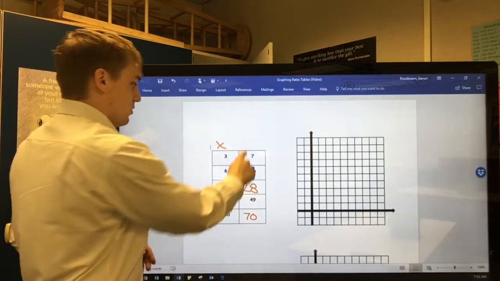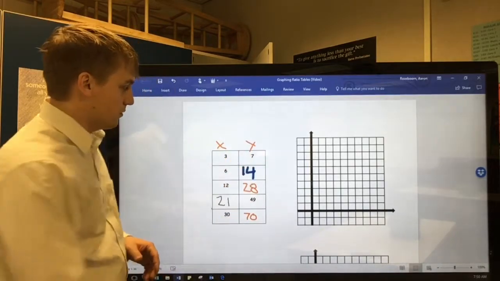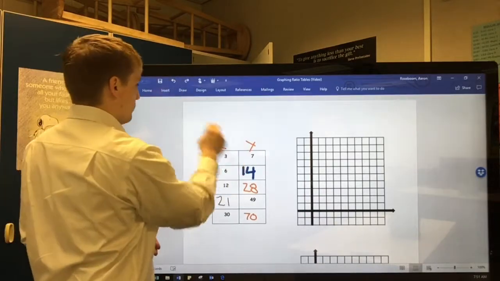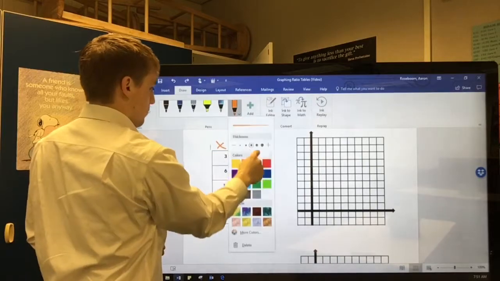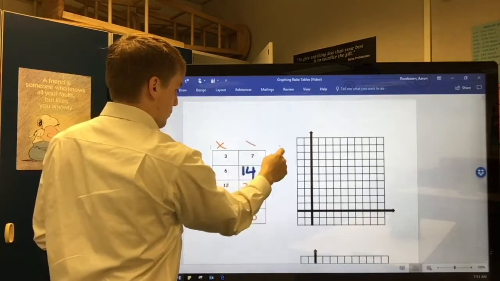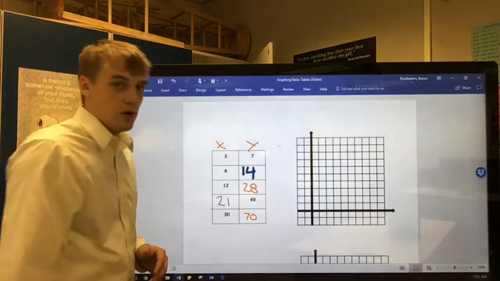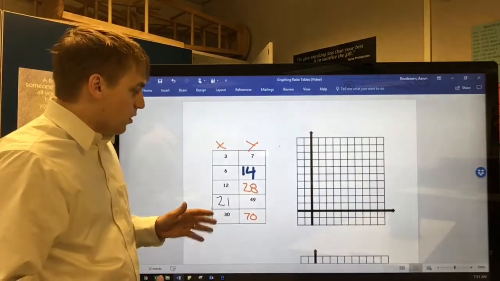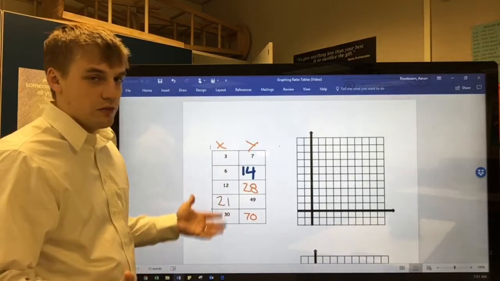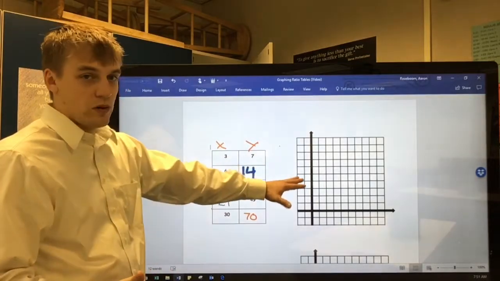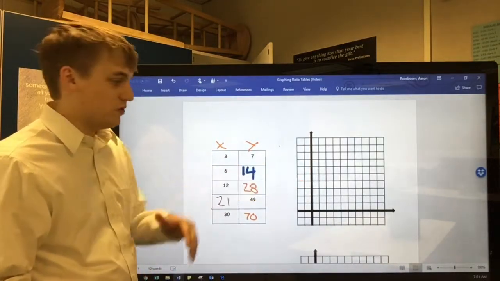The right side is always the y. Now, on the ratio table, notice how all the numbers are going to be positive. So we only need quadrant 1 of the coordinate plane.